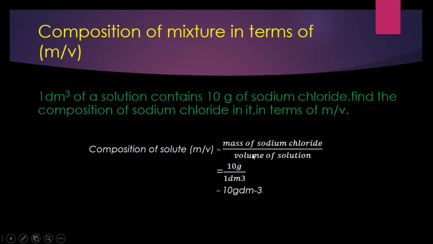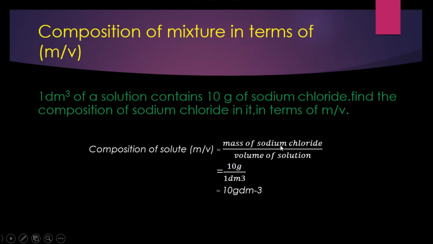Always in this composition, the total volume, or the volume of the solution, comes down, and the mass of the particular substance that we should calculate should come up. Here they are asking us to find the solute. So here the solute is sodium chloride.